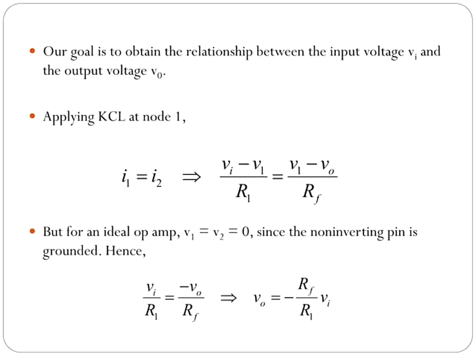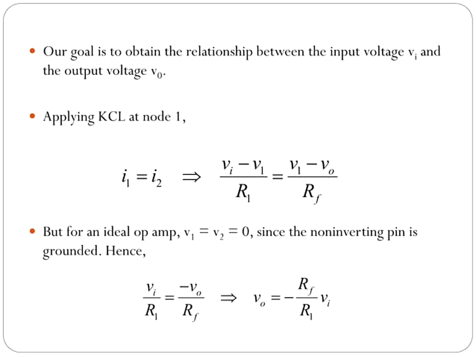At node 1, the currents I1 will be equal to I2 because of virtual grounding. Already we have discussed the concept of virtual grounding.